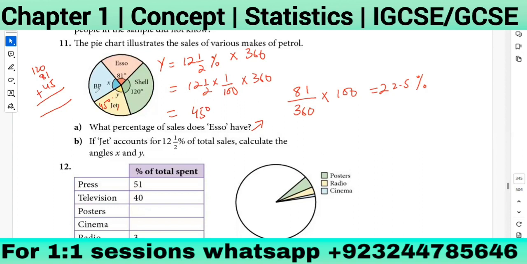114 degrees. Miss, to find the angle of y, why did we multiply 12.5 again by 360? Because they are saying Jet accounts for 12 1/2% of total sales. We have just written this in numerical form: 12% of, meaning multiply, total sales, meaning 360.